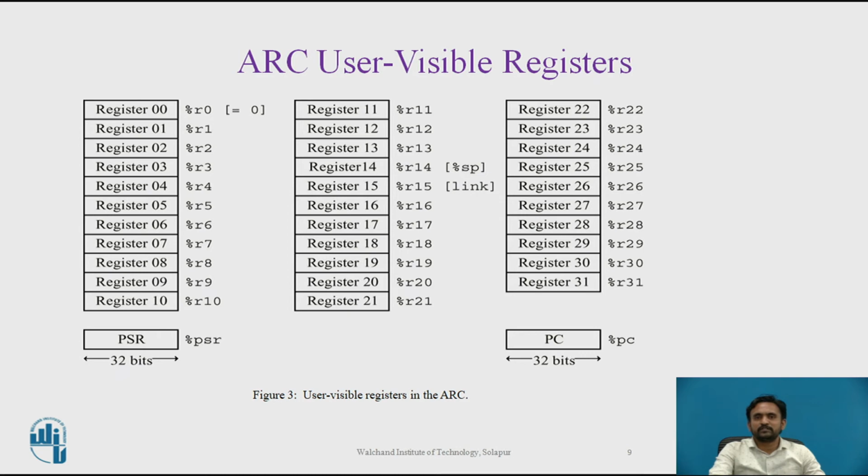Register R0 always contains the value 0 which cannot be changed, and registers R15 and R14 have additional usage as a stack pointer, %SP, and a link register. Operands in an assembly language statement are separated by commas, and the destination operand always appears in the rightmost position in the operand field, as we discussed in our previous slide.